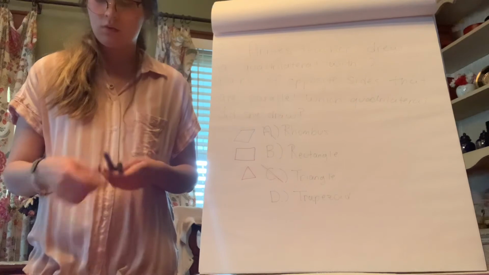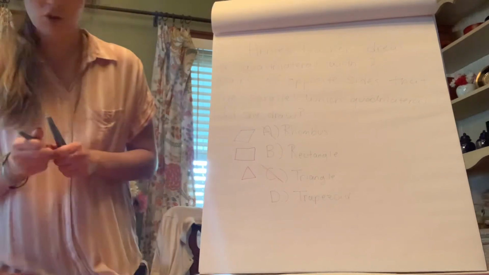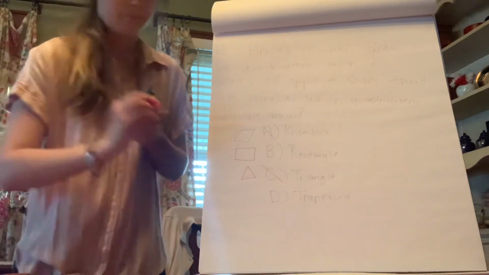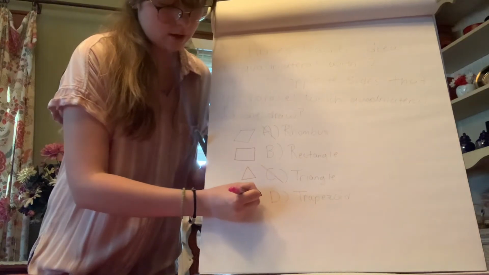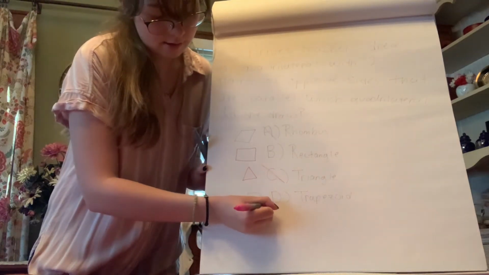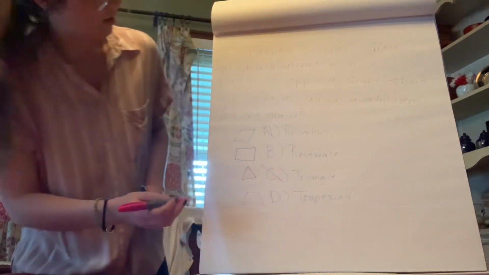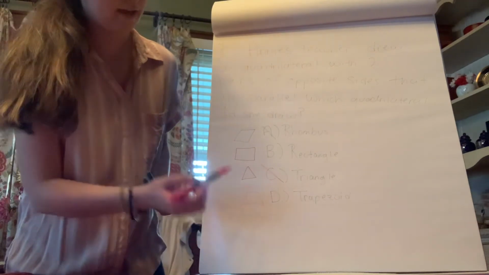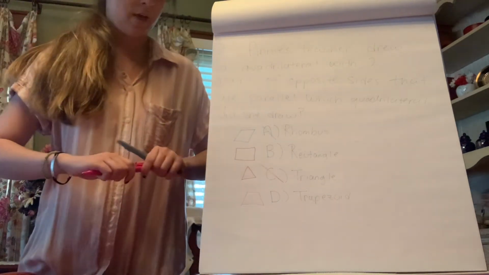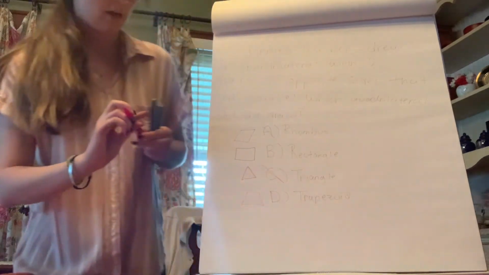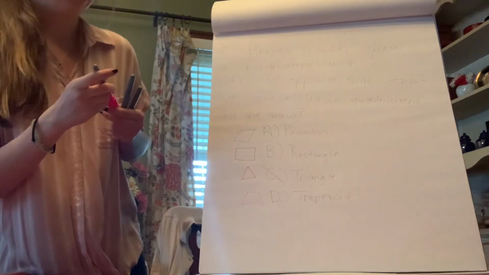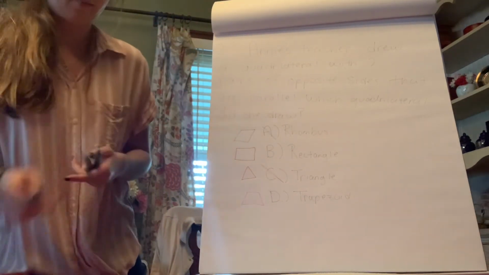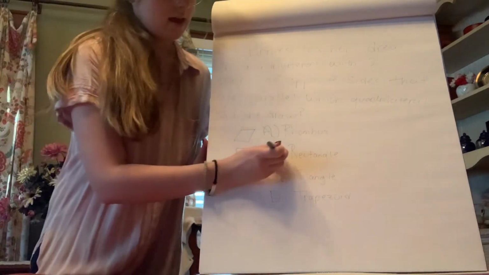Let's use pink for trapezoid. Here we go. That one only has 1 pair that is parallel. So we know that it's not a rhombus, not a triangle, and not a trapezoid. So it must be a rectangle.